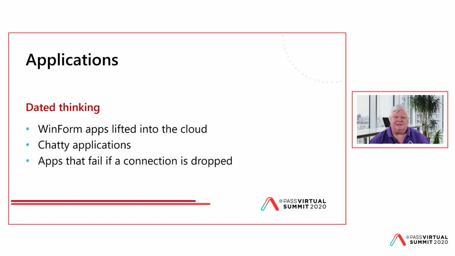Another telltale sign of dated apps is where they're not tolerant to any sort of failure. If you drop a connection and then the application breaks, that's not a good sign, right? I go into organizations all the time where the organization has spent a fortune on highly available equipment, yet the minute it fails over, like it's designed to do, every app in the building breaks.